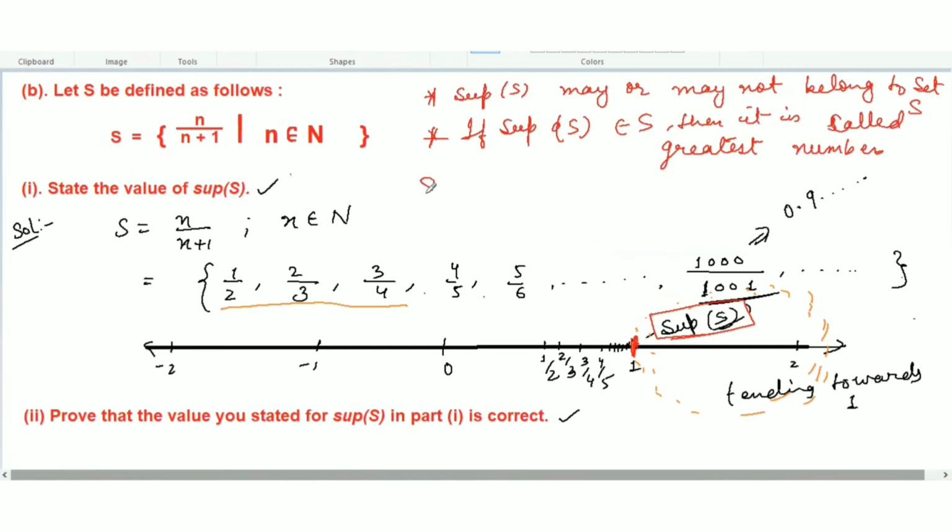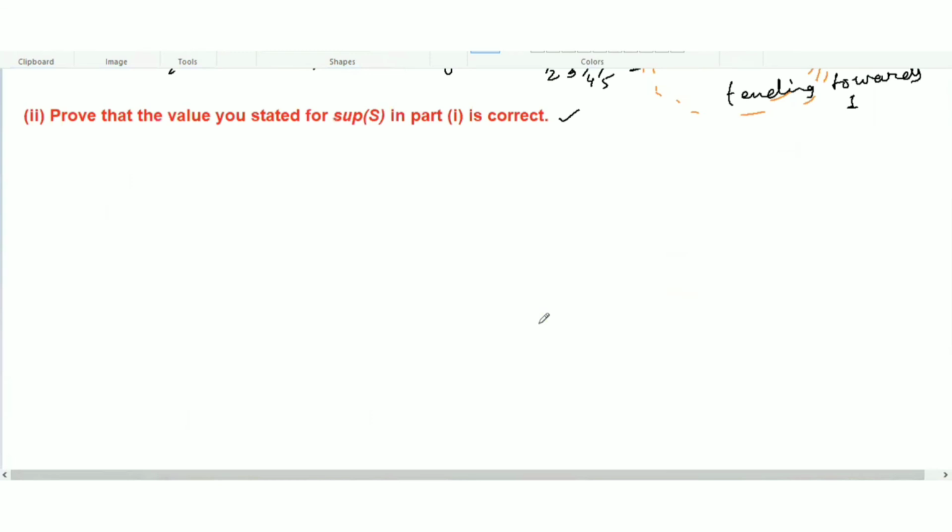You can write it down: the supremum of S is equal to 1. Now we will do the second question.